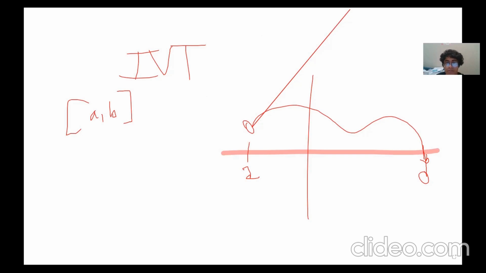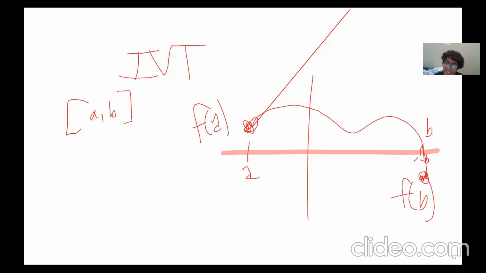But if you know that these are indeed defined points, A and B, x equals A and B, and the point on the graph is f of A, and this is the point on the graph f of B. Here, if we look at it this way, well, what does IVT tell us?